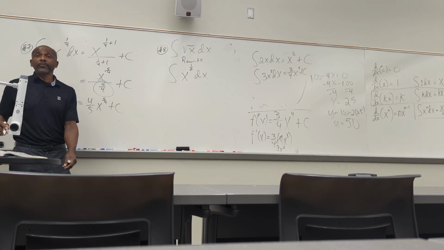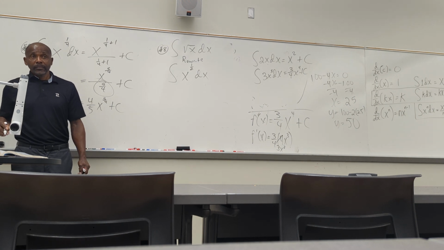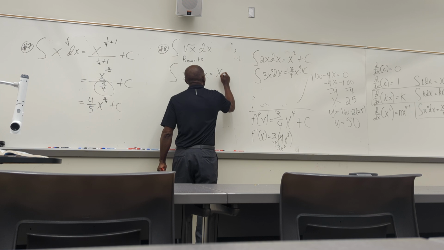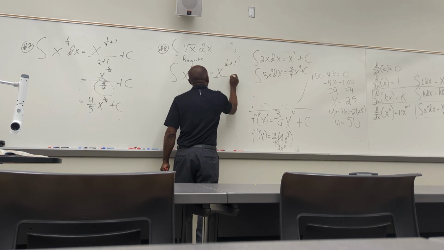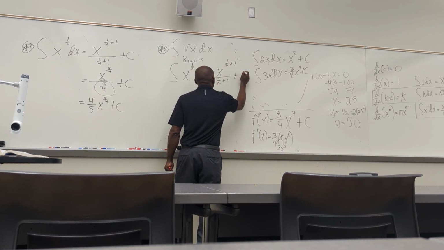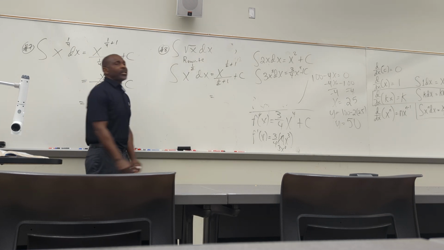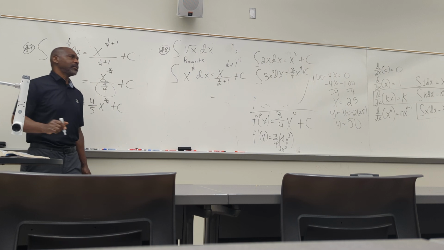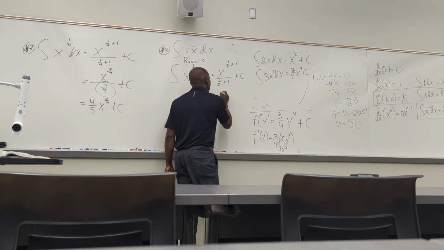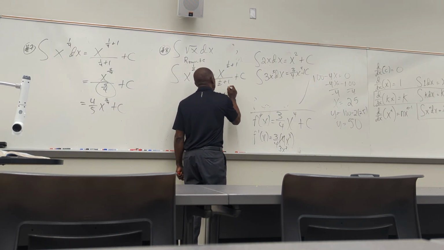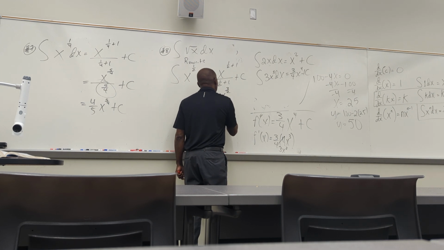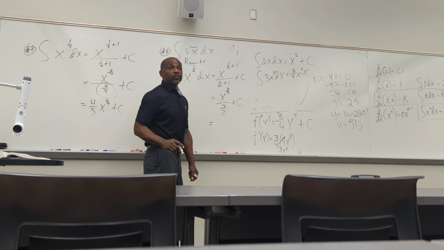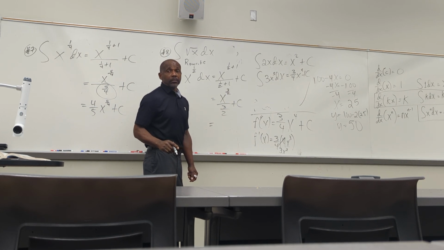What do we do now? You're doing the same thing over and over again. Add 1 to the exponent, then divide by it. What's 1/2 plus 1? 3/2. I don't like that fraction. What did I do? Flip it. Divide by 2/3.